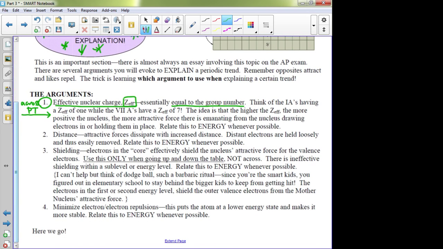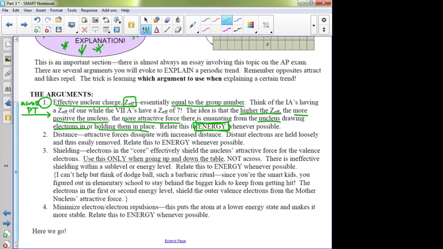The higher the ZEFF, or the effective nuclear charge, the more positive the nucleus, so the more attractive force there is coming from the nucleus, so it draws the electrons in or holds them in place. And you need to relate this to energy whenever you possibly can.